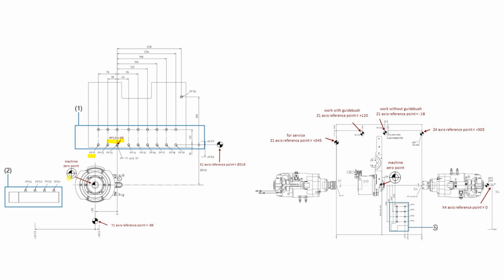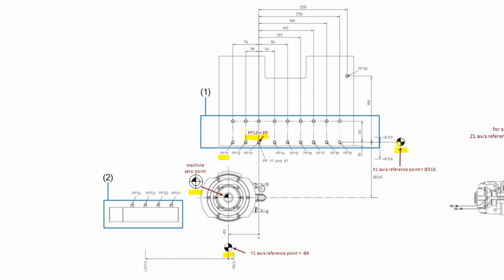First, this is machine 0, like this shown here and here, and also reference points in subsequent axes. The reference point in X1 axis is determined according to PP. We also can call it control point, this specific pin.